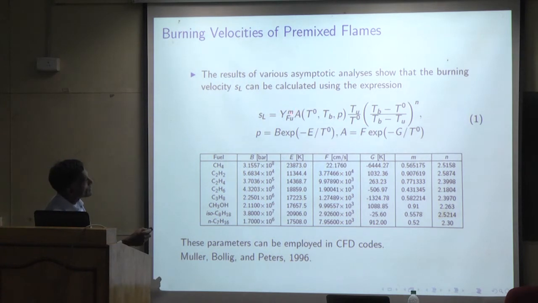He put in empirical coefficients M and N, took the same functional dependence, and then tried to predict the burning velocity. For example, if you take propane, all the values that appear here are given. If you use these three equations with these parameters, this accurately reproduces the burning velocity of a propane flame. The empirical coefficients are given for all these different species.